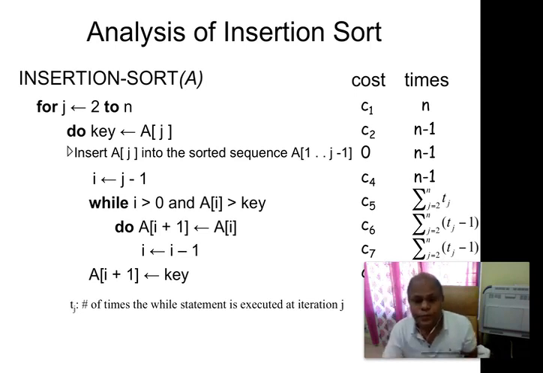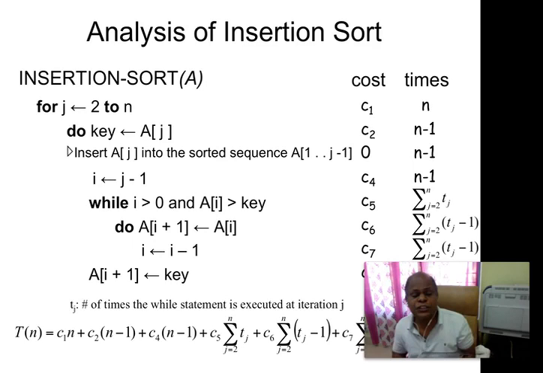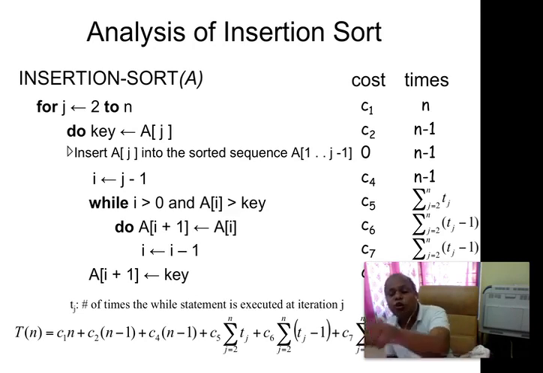Now, the time complexity T(n) is nothing but all the costs multiplied by the number of times: c1 n, c2 (n minus 1), 0 into n minus 1, which we forget because it is 0, c4 (n minus 1), c5 times the summation of tj for j from 2 to n, like this. All the addition of these costs, each multiplied by its times.